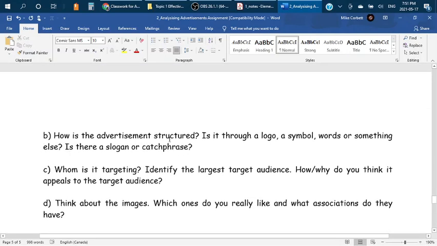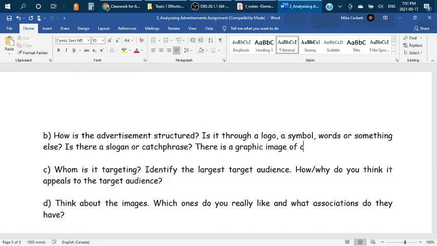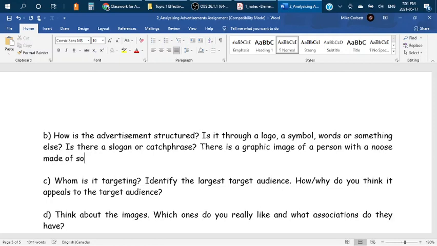So how is the advertisement structured? So here there is a graphic image of a person with a noose made of sausages around their neck.